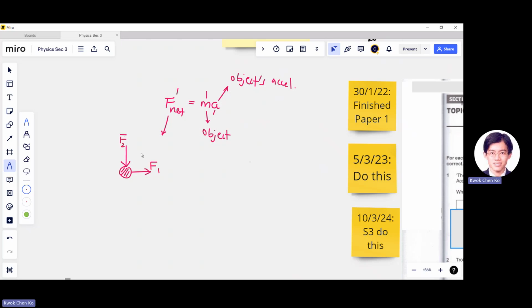Now, technically speaking, you cannot use either F1 or F2 within this formula, because F1 and F2 are not the net force. So in this case, you have to do your drawing, but of course, occasionally you can simply use maths to figure it out using your trigonometry. If you haven't done that, then you probably have to use a scale drawing.